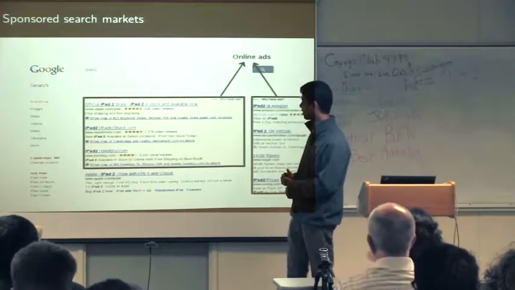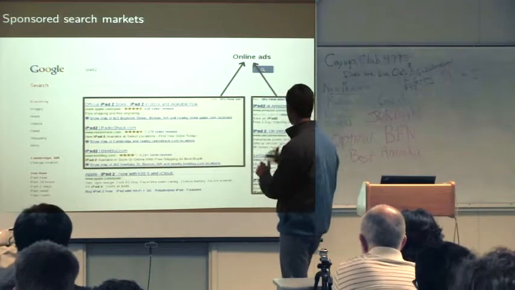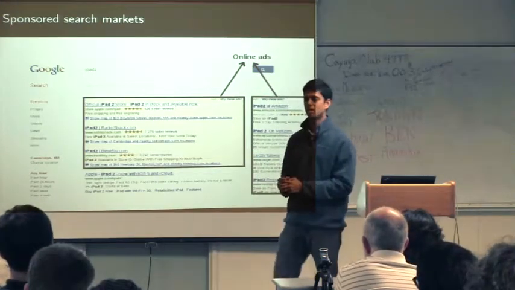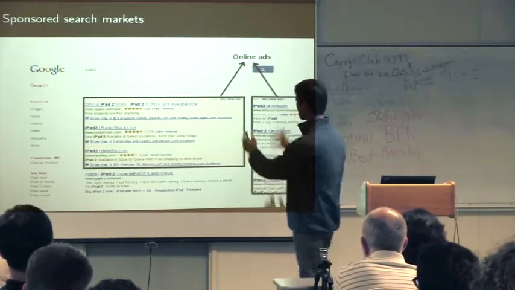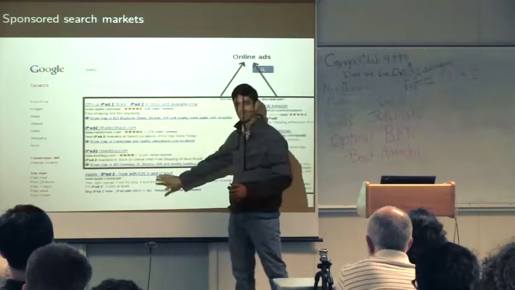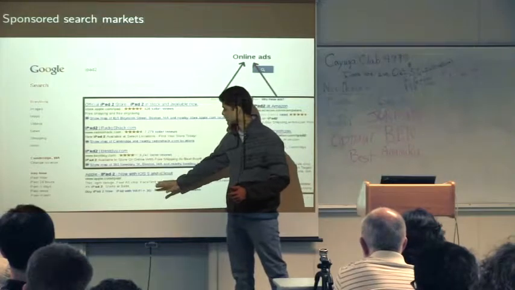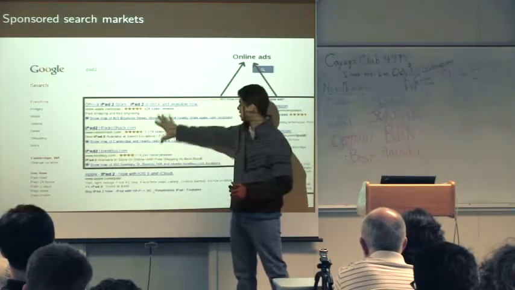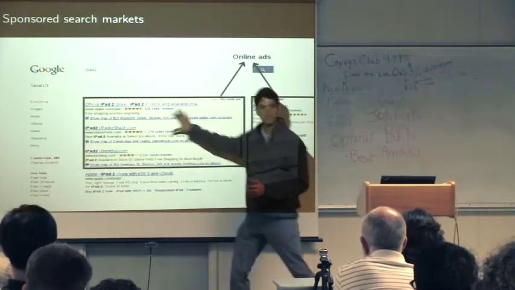Many of you, if you haven't installed ad block software, would see this pretty often. If you search for something on Google, along with the organic results, you'll see some sponsored results on the top and the side.